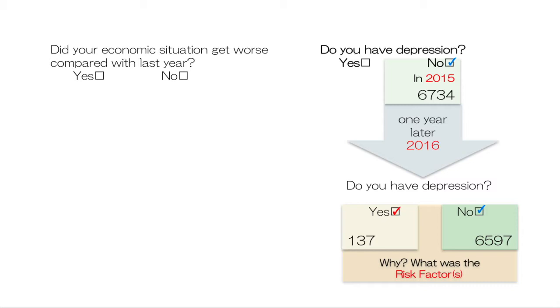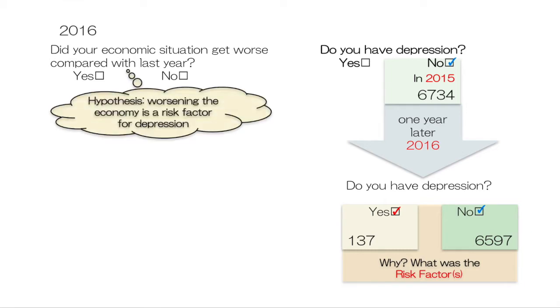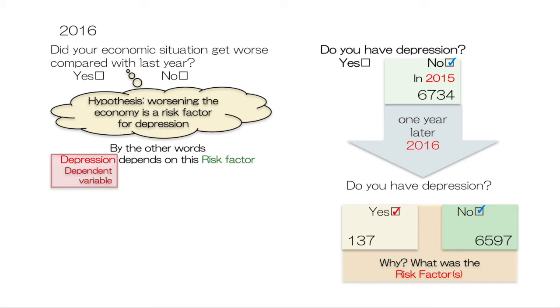Designing such questions led researchers to evaluate a possible risk factor as a hypothesis, in this case the economic situation, which caused depression. In other words, the researcher wants to find out if depression depends on this risk factor. In this case, we have a dependent variable, depression, and we can call the risk factor the independent variable.